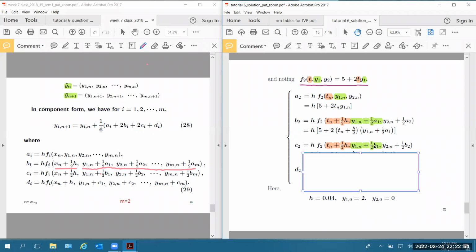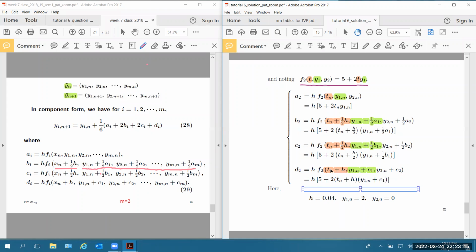So this is the first one, this is the second one. So you find that I also apply this 5 plus 2 times the first one times the second one. So you can see that I always apply this. And finally the D. So this is your first, second, third, right? So I'm going to take 5 plus 2 times this times this.